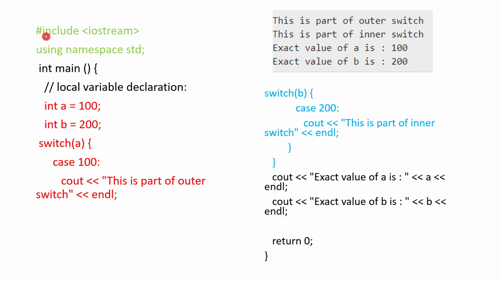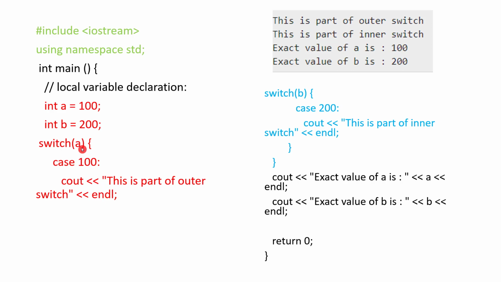You can see the #include <iostream>, using namespace std, int main, local variable declaration. This will not be executed by the compiler. Integer a equal to 100; integer b equal to 200; switch a, case 100, cout "This is part of outer switch".